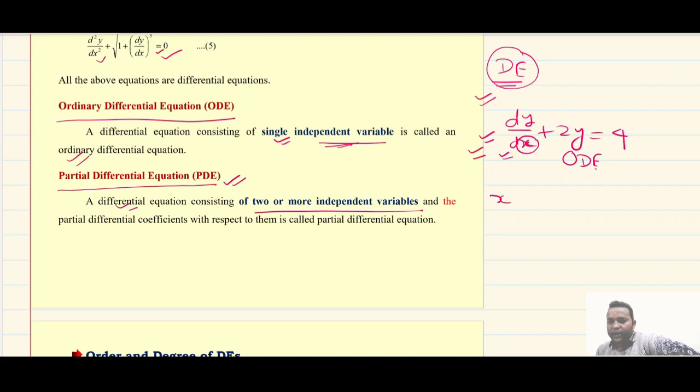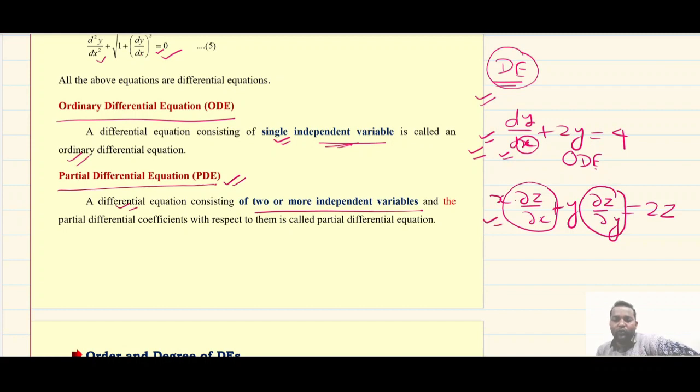Suppose we write x del z over del x plus y del z over del y is equal to 2z. Here the partial derivatives del z over del x and del z over del y are involved, or equivalently, z is a function of two independent variables x and y. Therefore, this equation is a partial differential equation.